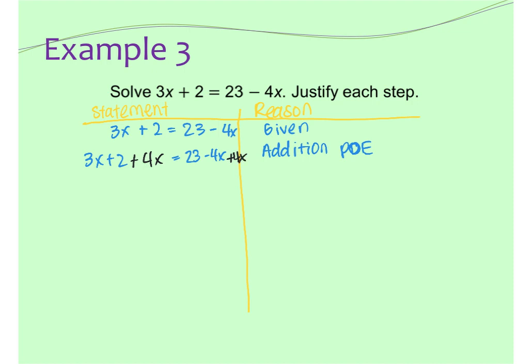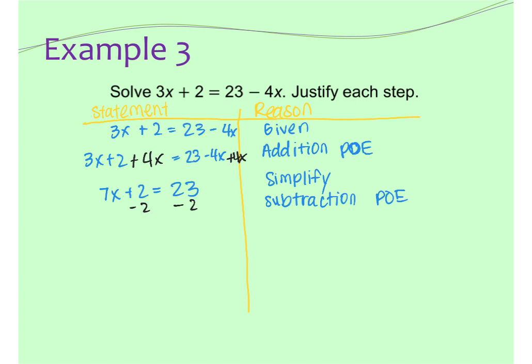The next step would be simplify. So this 4x and the minus 4x cancel. The 3x and the 4x combine to give us 7x plus 2 equals 23. Next, we're going to subtract 2 from both sides. This is the subtraction property of equality, okay, because we are subtracting from both sides.